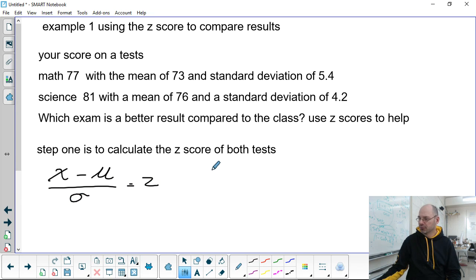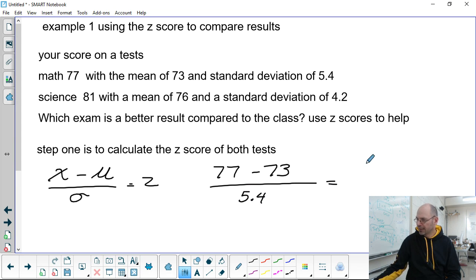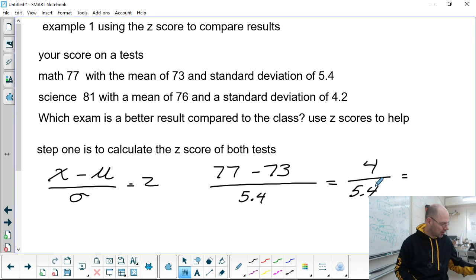Okay, so let's do the first one. So 77 was your mark. The mean was 73. And the standard deviation was 5.4. So that's going to give us 4 over 5.4, which gives us a positive z-score because you're above that.